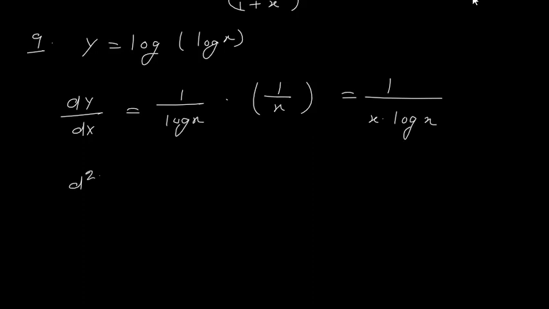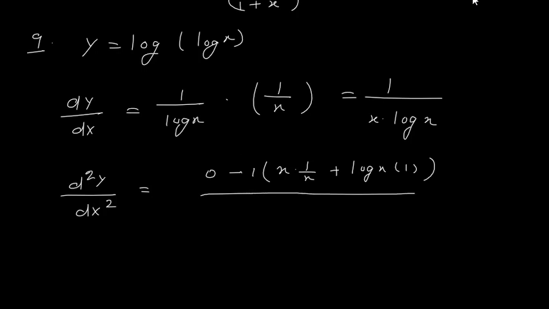Now we differentiate again. So d square y upon dx square will be v into derivative of u, that will be 0, minus 1 into the derivative of x into log x, which is x into 1 upon x plus log x into 1. That is u derivative of v plus v derivative of u, upon v square. So this is x square into log x the whole square.